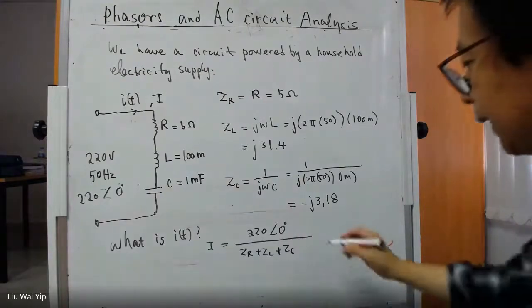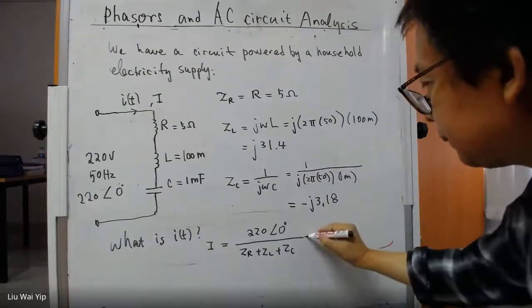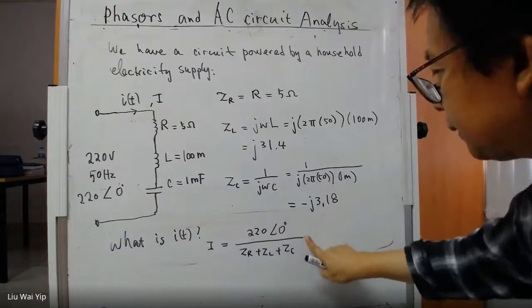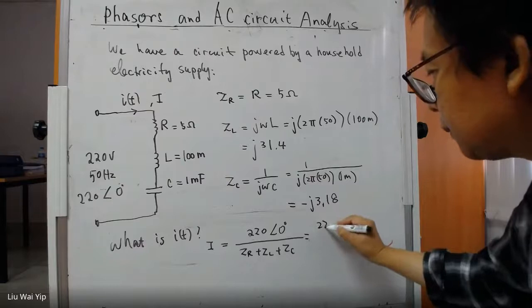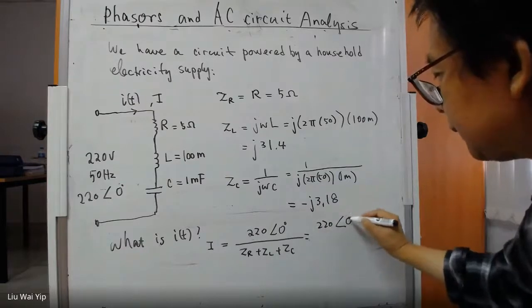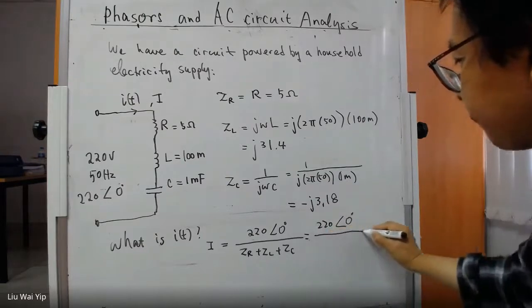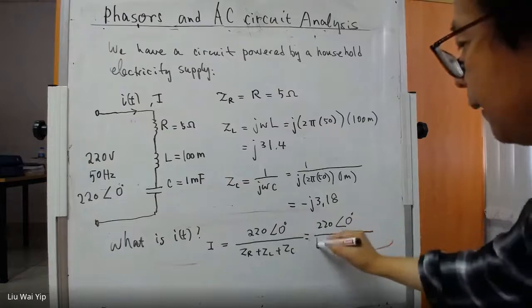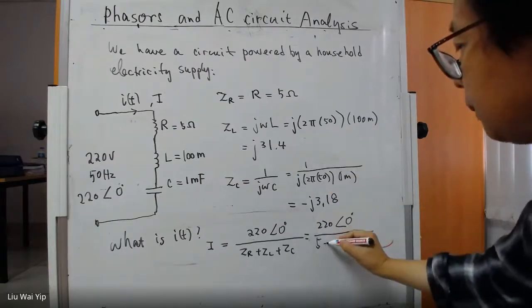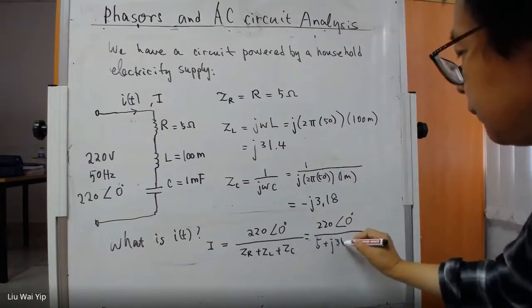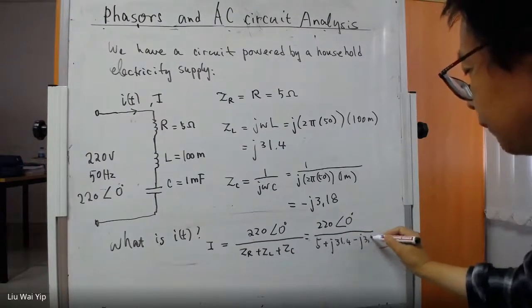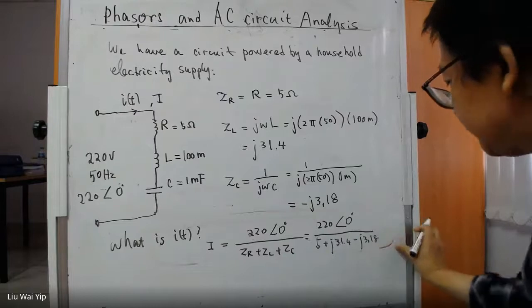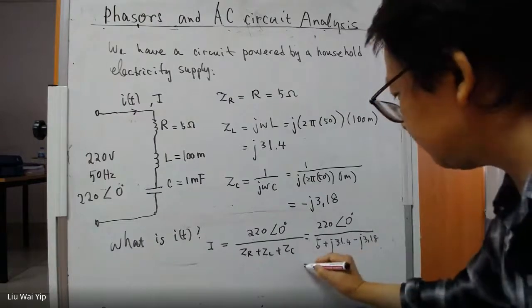If we do it carefully, we will have 220 over 5 plus j31.4 minus j3.18. The answer is going to be very simple.